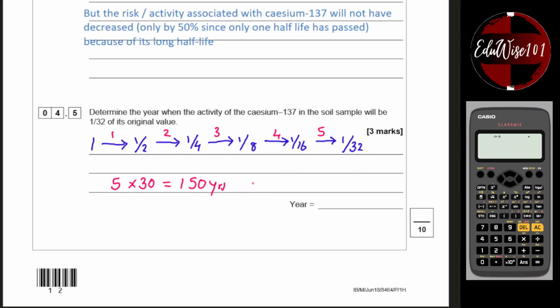Since we started in 1986, we add 150 years to that. That would give me 2136. So the radioactivity level would have dropped to 1/32 of its original value in 2136. That brings us to the end of this question. I will see you in the next paper. Thank you.